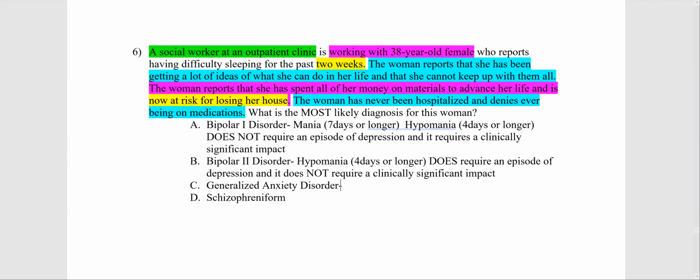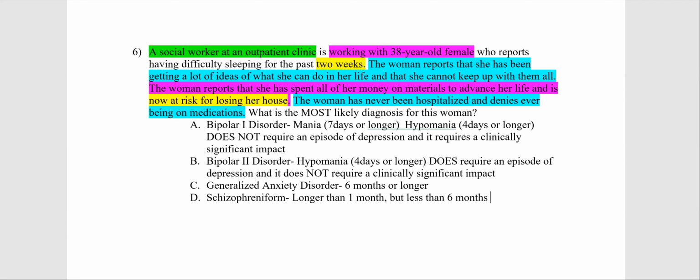And then generalized anxiety disorder, we're looking at 6 months or longer. And then schizophreniform, longer than 1 month, but less than 6 months.